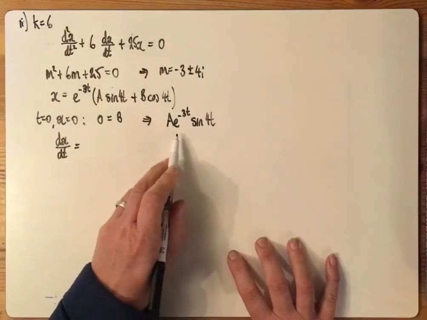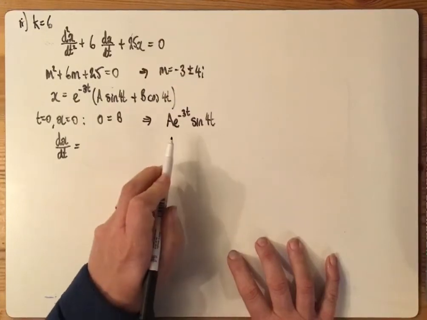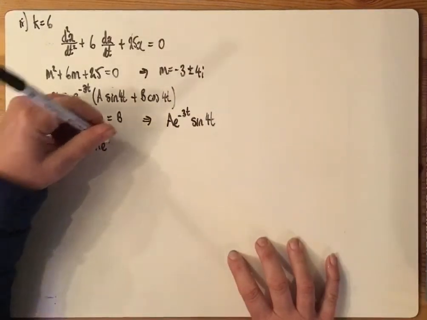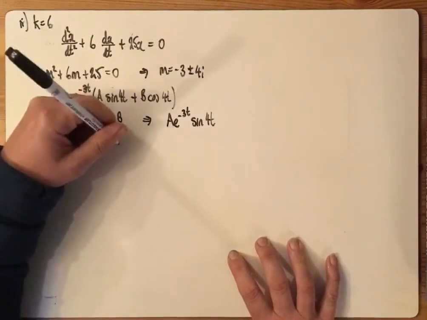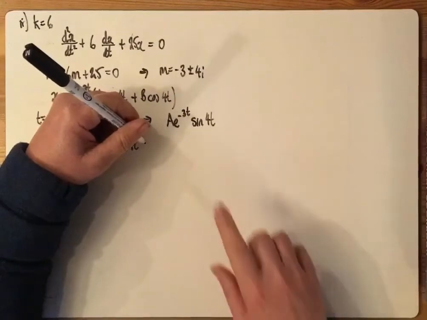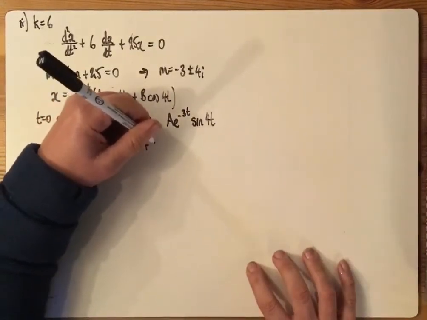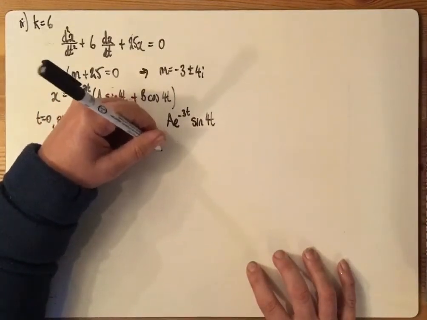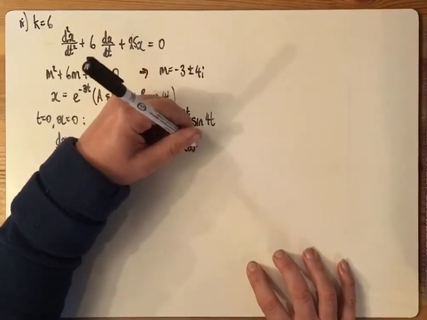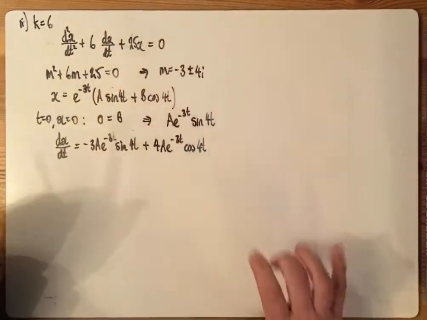So differentiating the exponential part, I've got minus 3a e to the minus 3t sine 4t, and then differentiating sine of 4t, I get 4a e to the minus 3t cos of 4t.